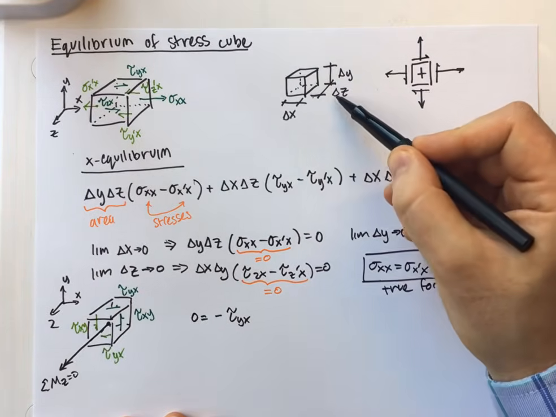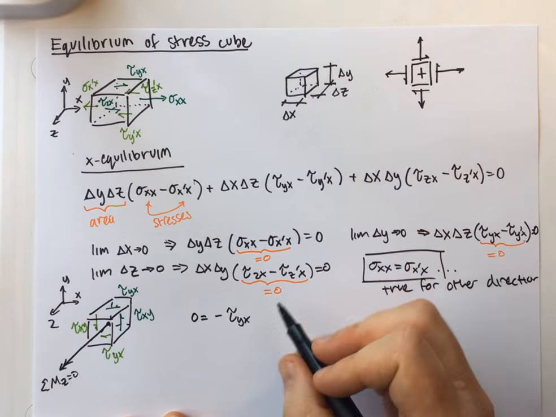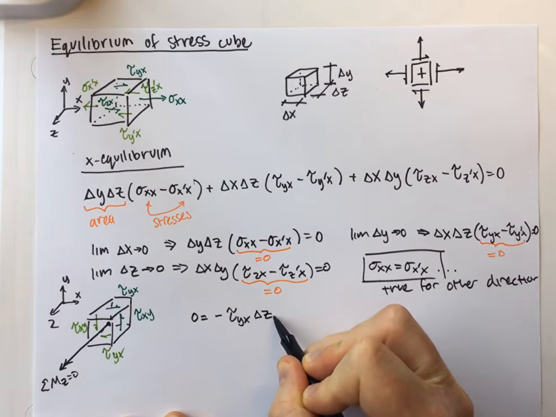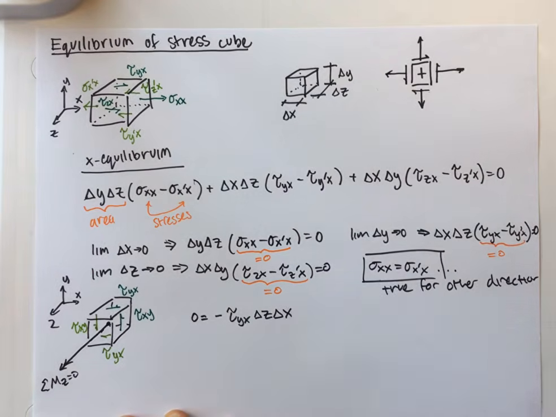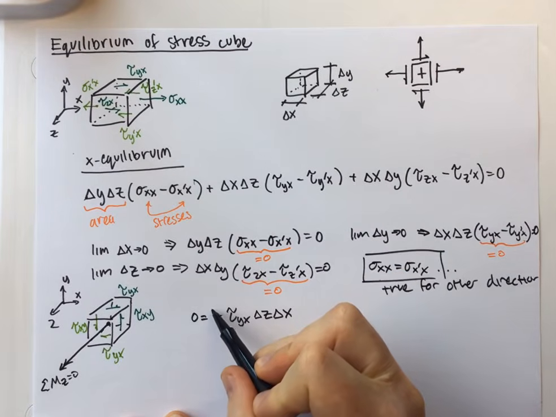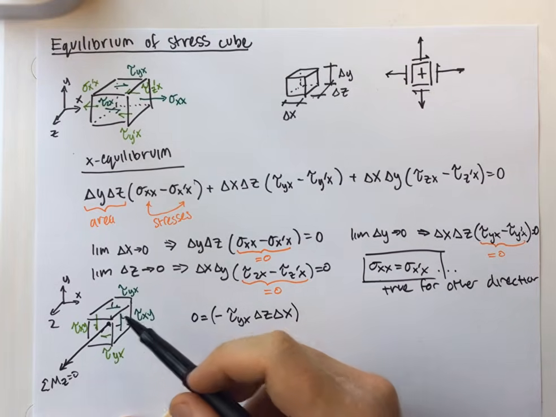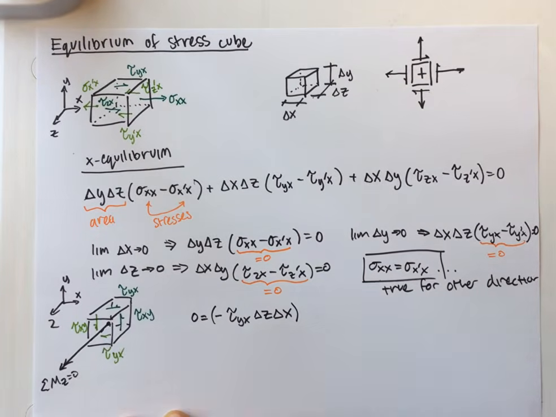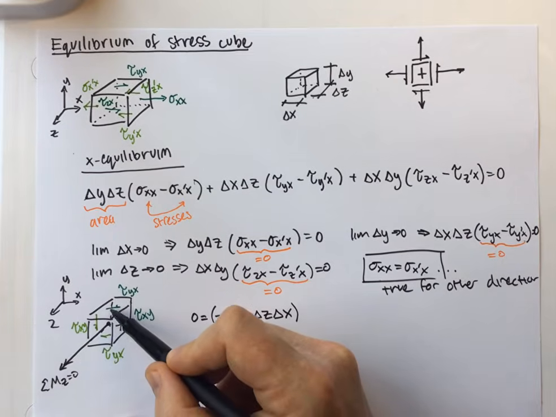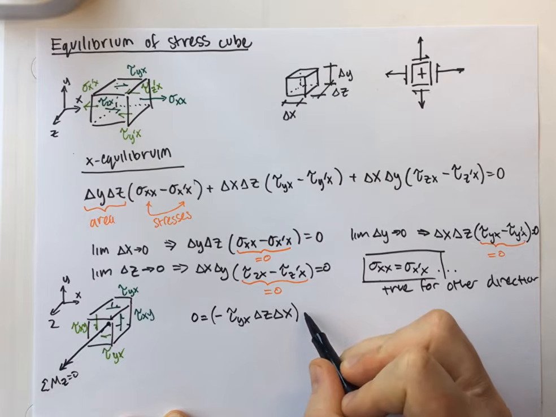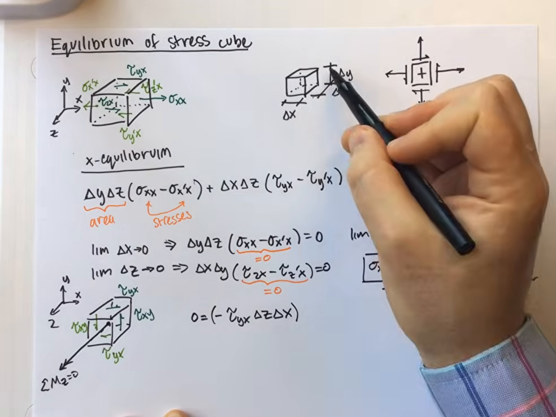Well, that's going to be delta z, delta x. So that right there is going to be the magnitude of the force. Now we need the lever arm. If we go from there, the lever arm to that force is going to be delta y over 2. Right, that's half of our cube.